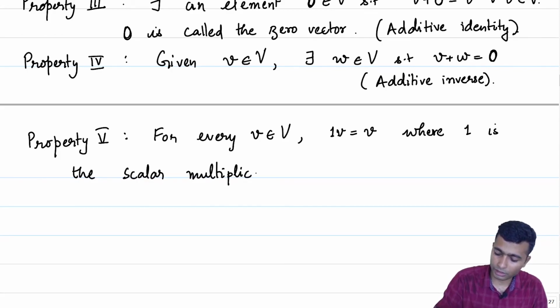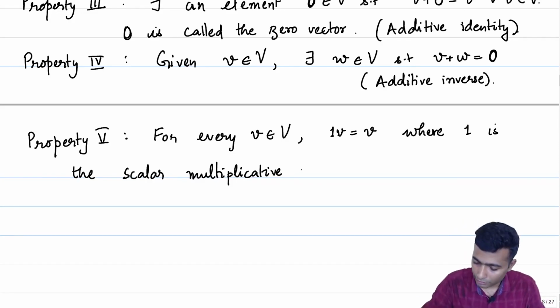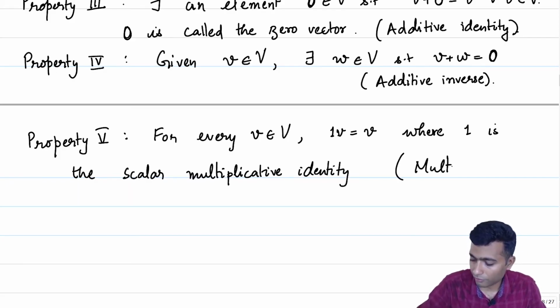So, if you take the scalar 1 and multiply it to a vector v, it should always give you back the vector v. This is the existence of multiplicative identity.